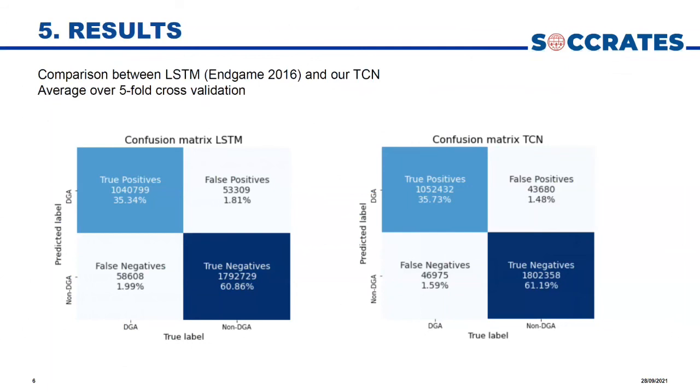What is important to see is that regardless of which of the 4 boxes you look at, the TCN performs better. It has an accuracy of about 96%. There is still a significant amount of false negatives and false positives, but keep in mind that this is a very large test data set with 3 million domains. So in practice, these numbers may not be as severe as they are shown in this example.